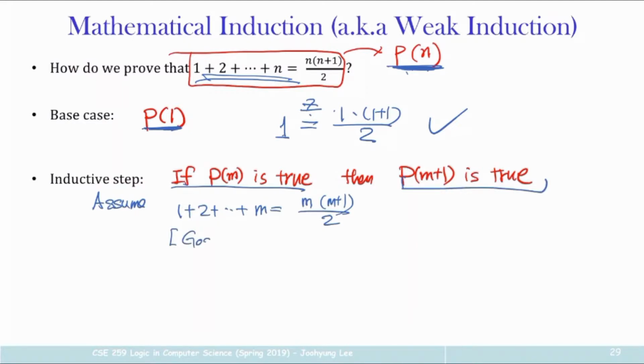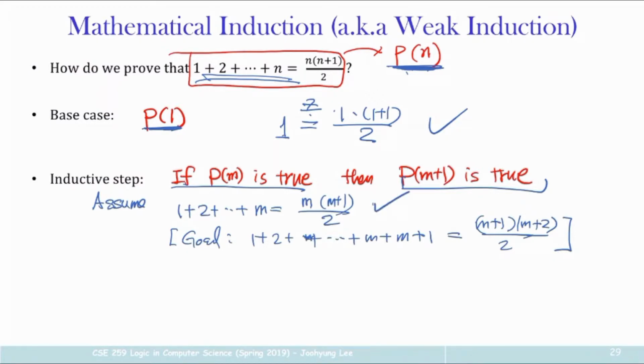The goal is to prove 1 plus 2 plus up to m plus 1 is equal to this number. Note that this goal has not been proven yet, but this is assumed to be true. You don't have to worry about whether this is true or false. So let's try to prove this goal.